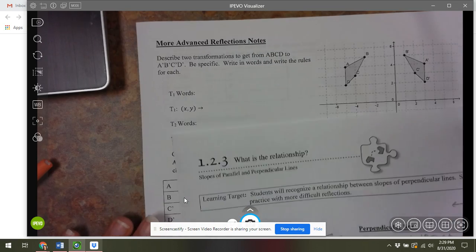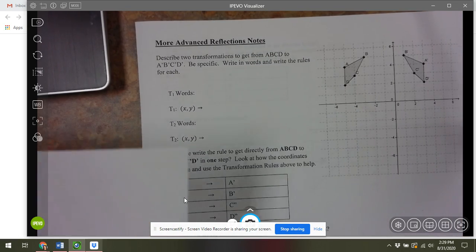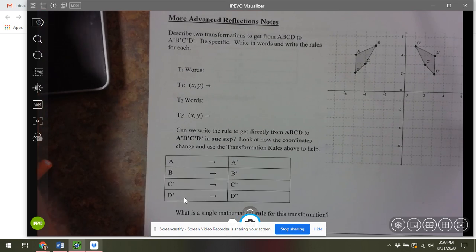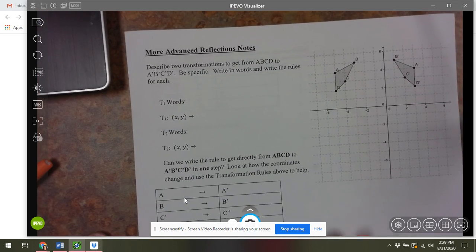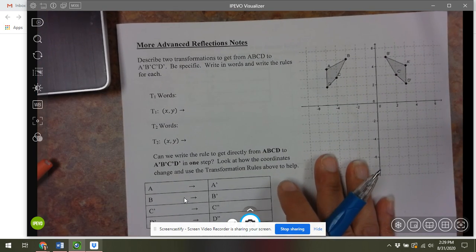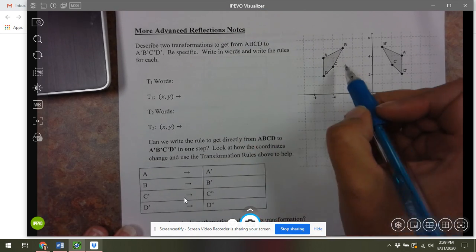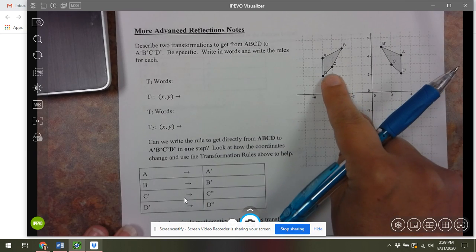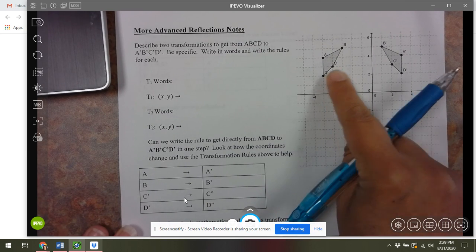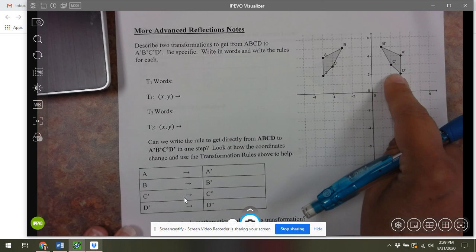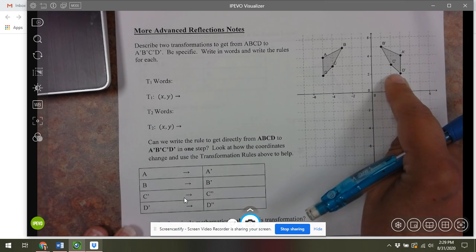The next thing we need to talk about is more with reflections. So let's take a look at this next problem. If you're doing a reflection, or a transformation, we want to get from A, B, C, D to A prime, B prime, C prime, D prime. There are two ways you could think of this.